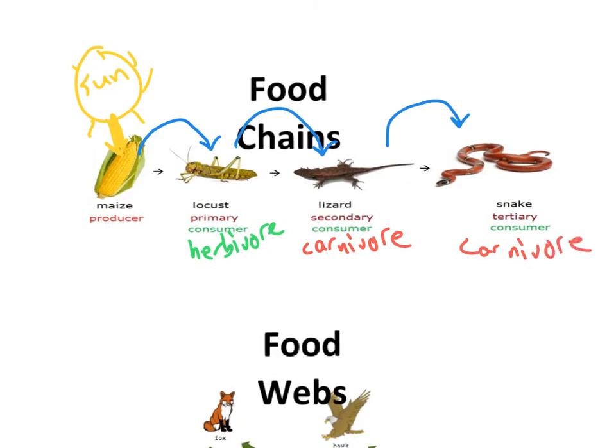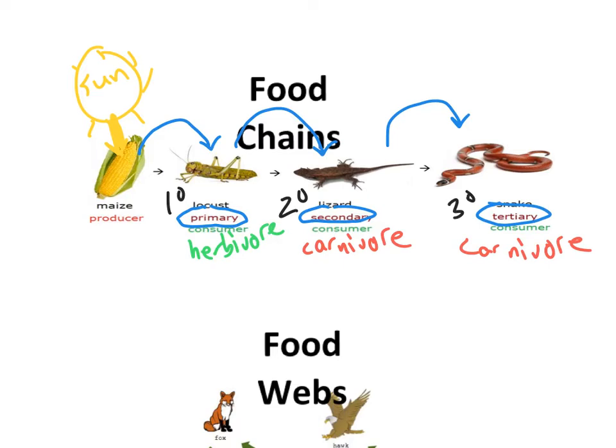And so when we label the kinds of consumers that exist, we go on a path away from the producer. You'll see these other words underneath here: primary, secondary, and tertiary. These words basically mean the first organism coming from a producer that eats the energy coming from a producer, the second one in a line, and then the third one.